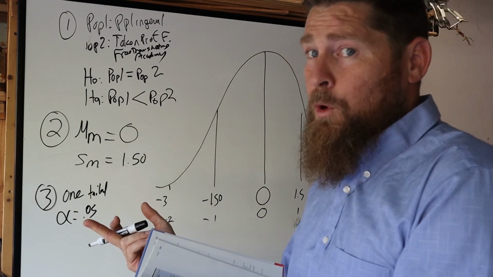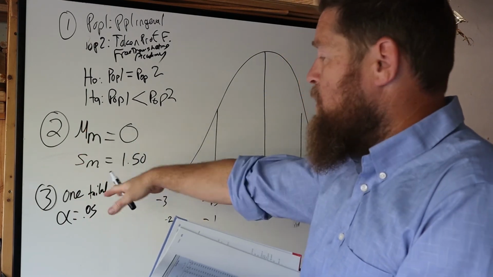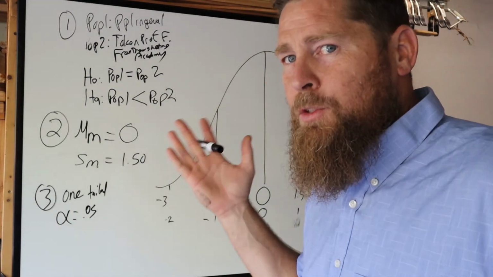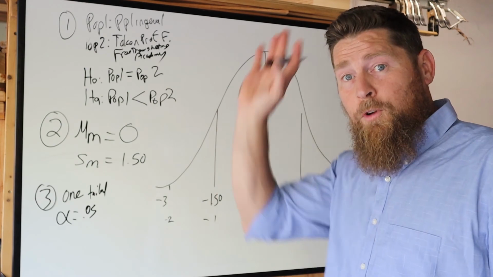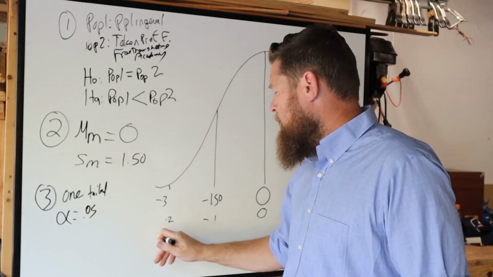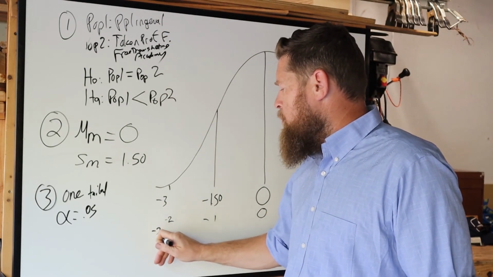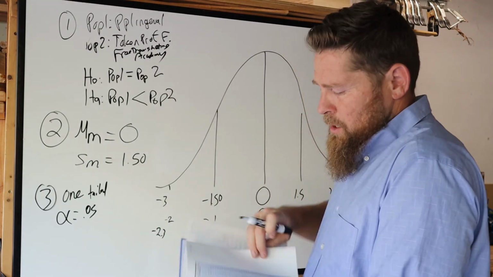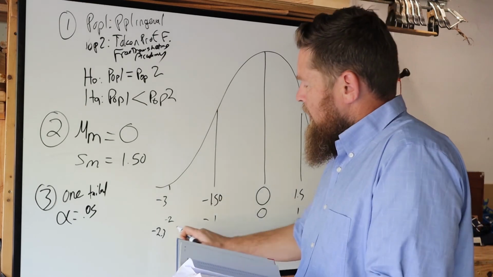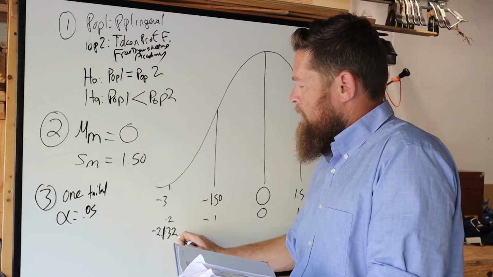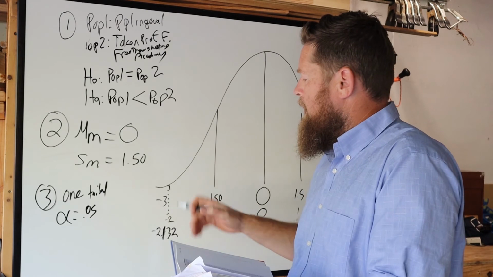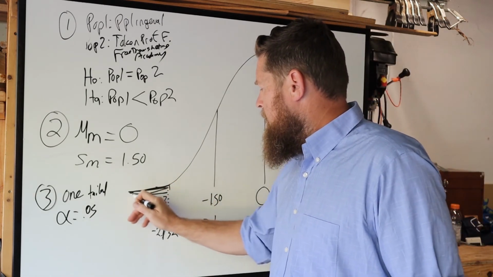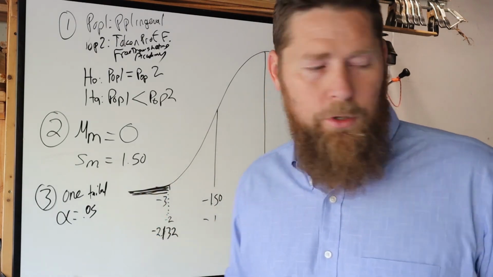Ours is a negative 2.132 because that's the direction we're predicting the change. Whether you take my class or not, the independent variable is going to move the dependent variable, your free throw shooting. So if you get to a negative 2.132, just right here, if you get anywhere beyond that, that's an improvement in free throw shooting.